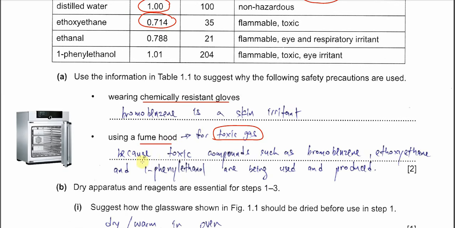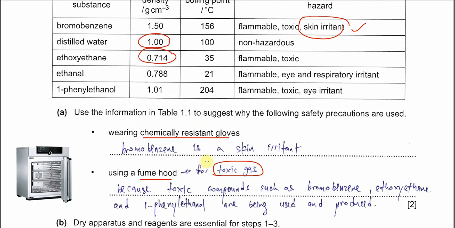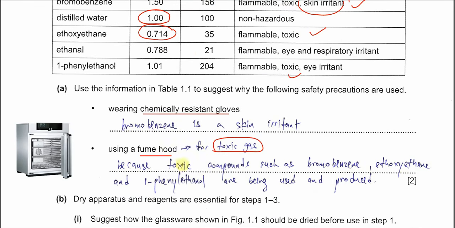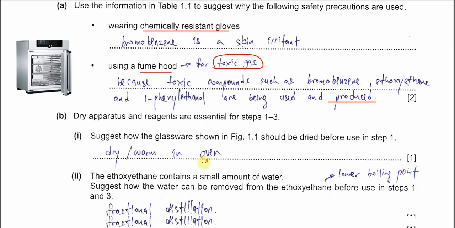So here you put the compounds that are toxic or involve toxic gas: bromobenzene, ethoxyethane and 1-phenylethanol. Toxic compounds such as bromobenzene, ethoxyethane and 1-phenylethanol are used and produced. Of course, 1-phenylethanol is the one being produced.